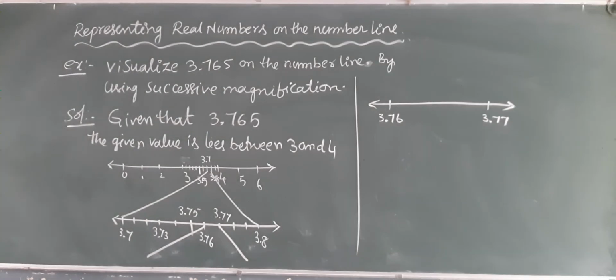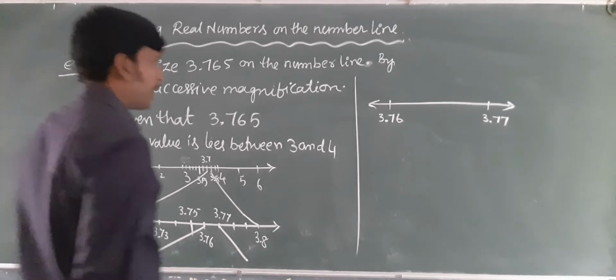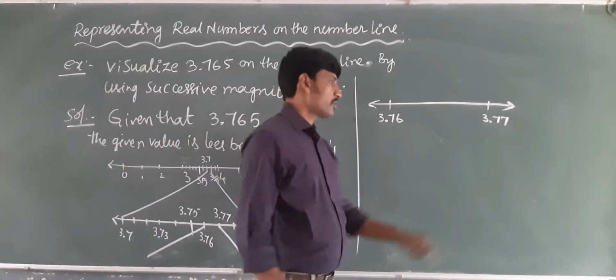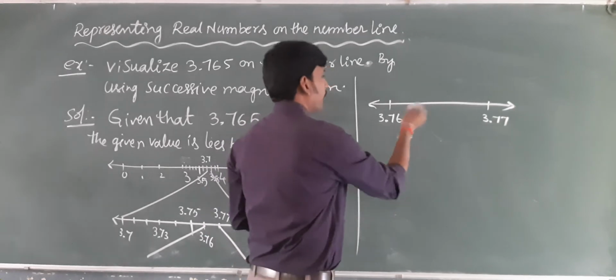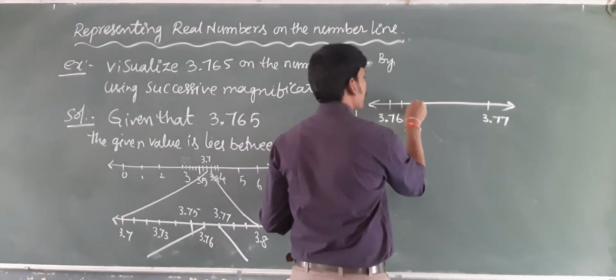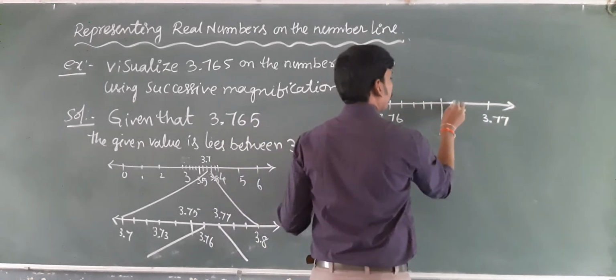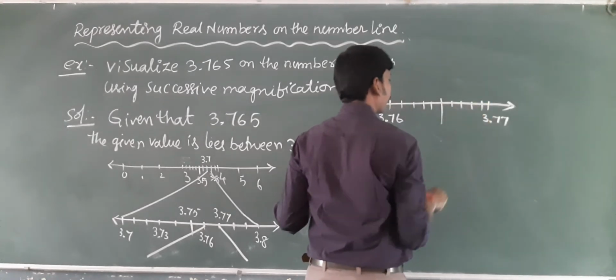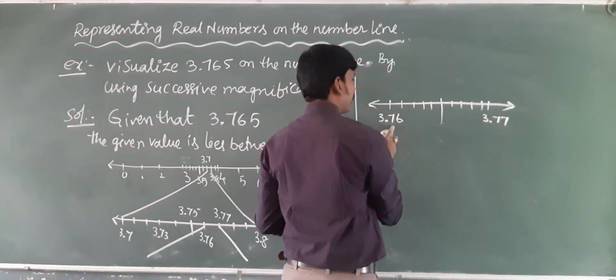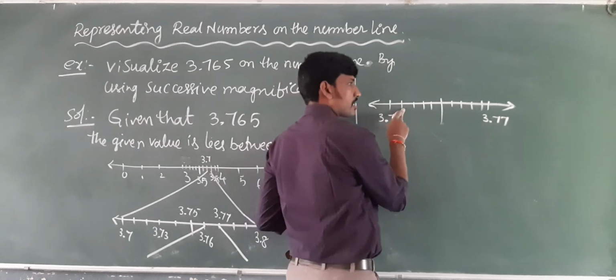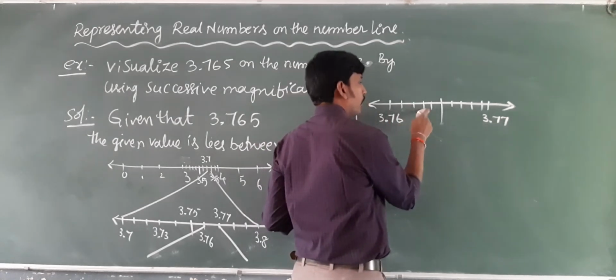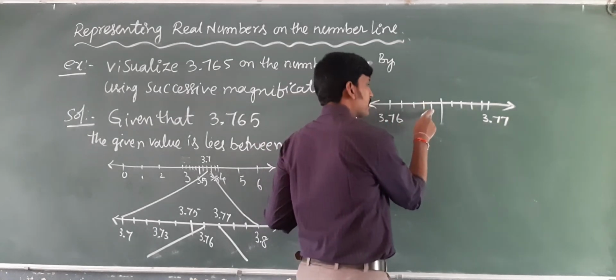Now see this way. Again, in between this we have 10 lines. 1, 2, 3, 4, 5, 6, 7, 8, 9. Clear, my dears? So this is 3.76, 3.761, 3.762, 3.763, 3.764.